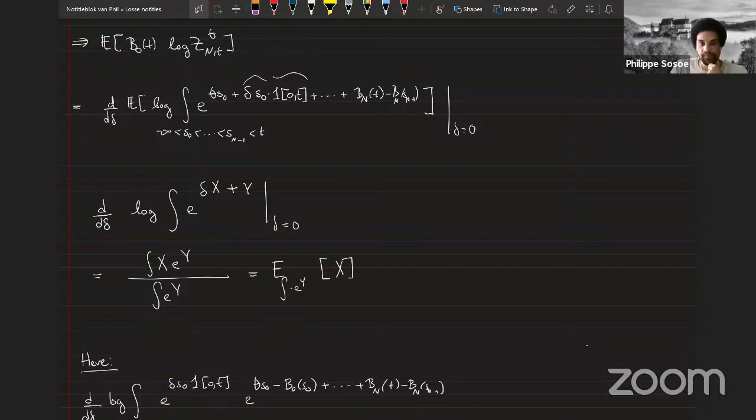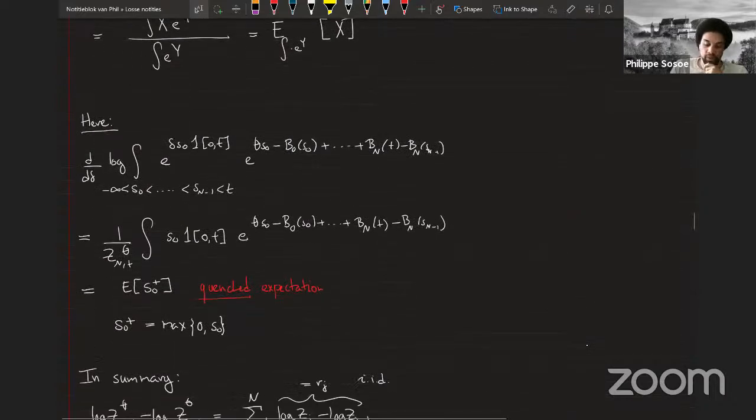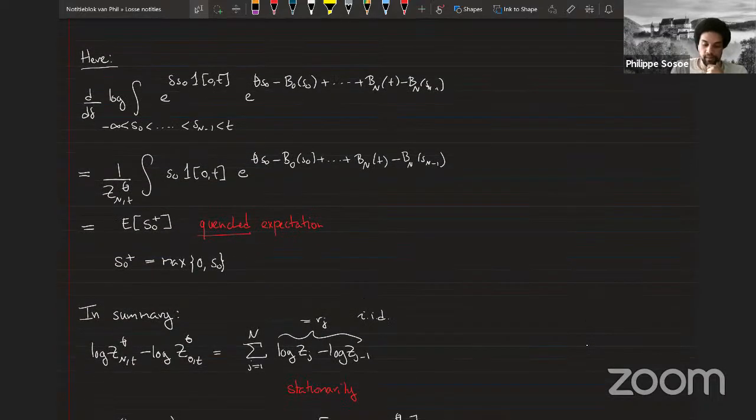So here we're applying this to this partition function. If we go through the computation, the end result is we get the expectation with respect to a random measure, a quenched expectation.